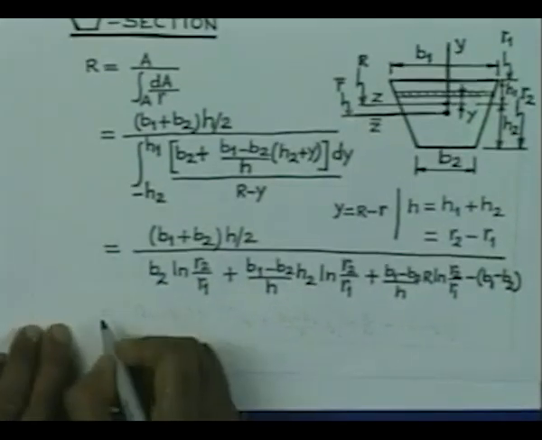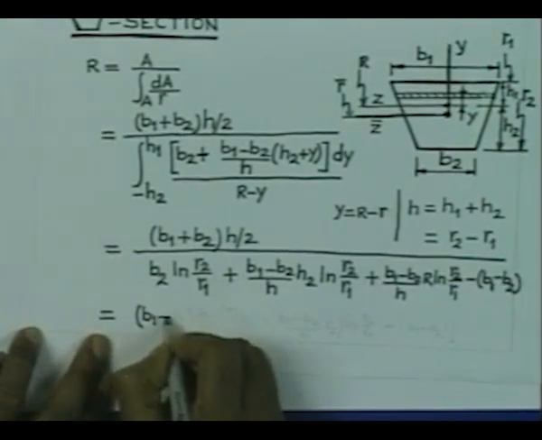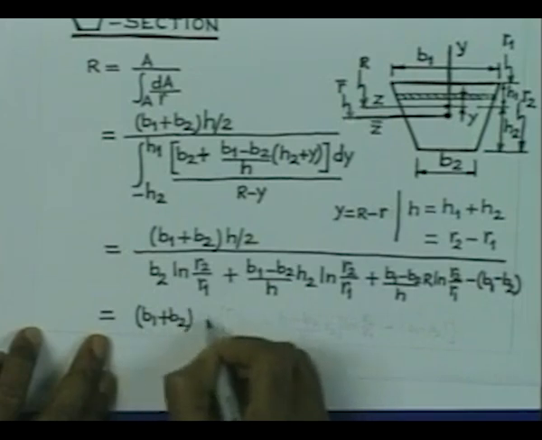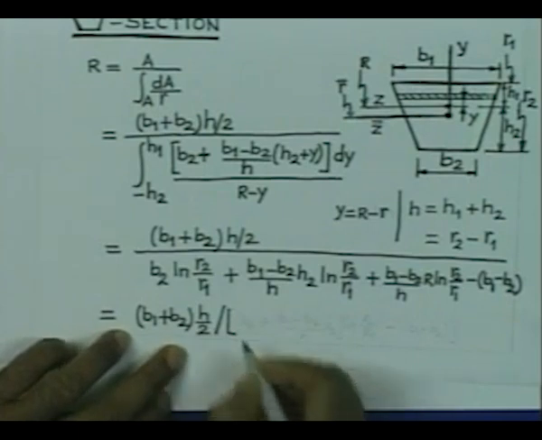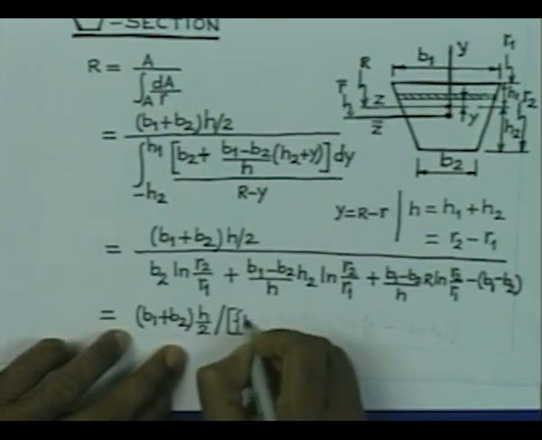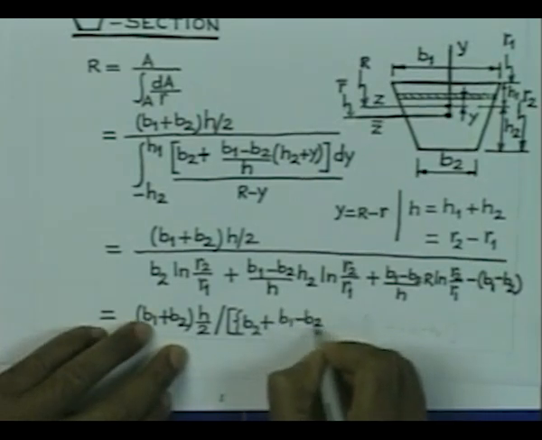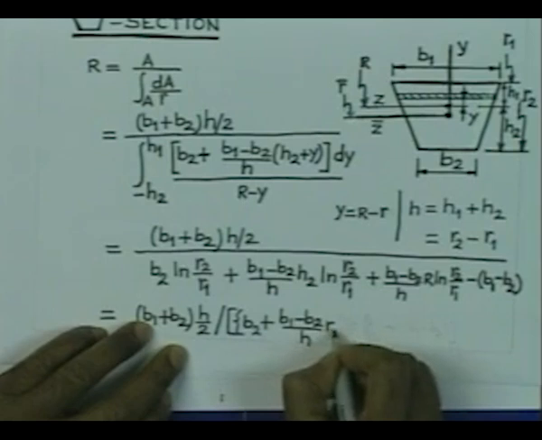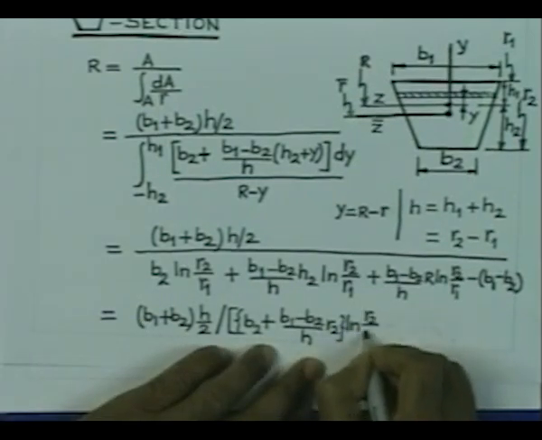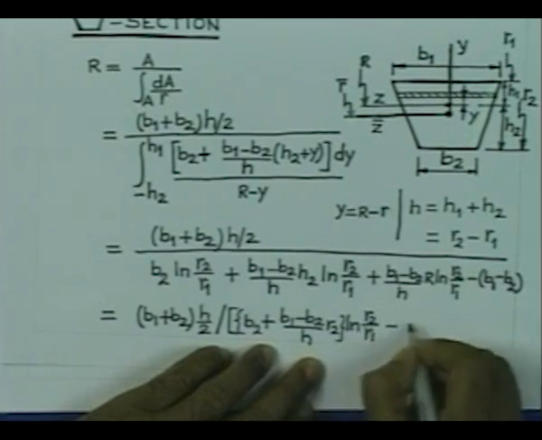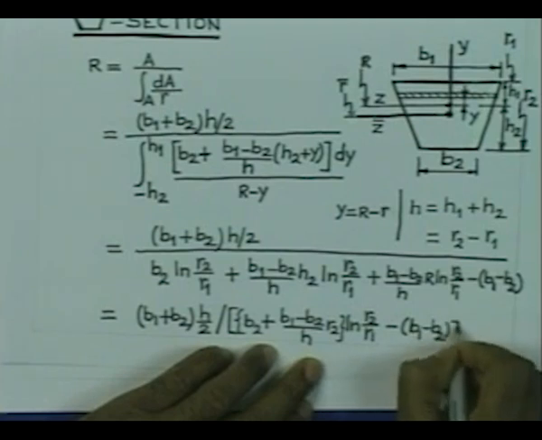So, finally, the radius of curvature for this section is going to be (b1 plus b2) h by 2 divided by b2 plus (b1 minus b2) by h r2 ln r2 by r1 minus (b1 minus b2).